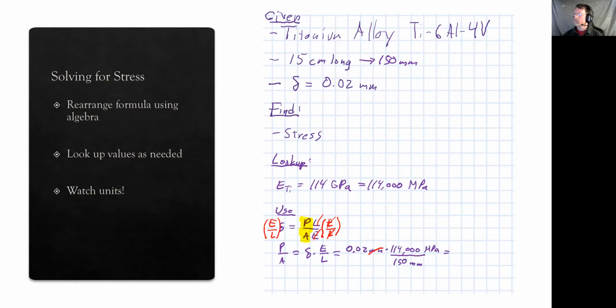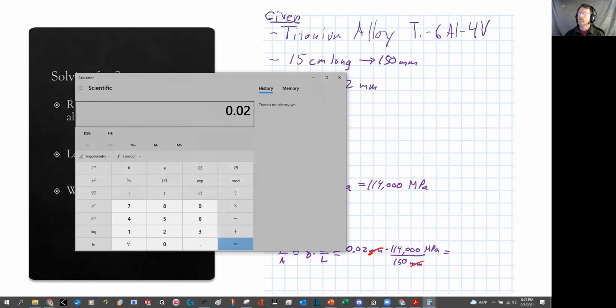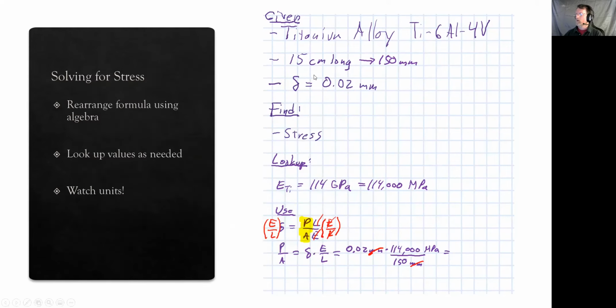The millimeters are going to cancel out with the millimeters, and then everything else should just be easily calculated. So I've got 0.02 times 114,000 divided by 150, and I get 15.2. Everything else canceled out other than megapascals. So I've got 15.2 megapascals, and that's it.